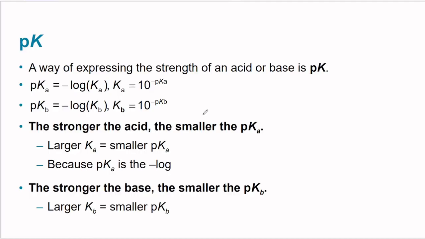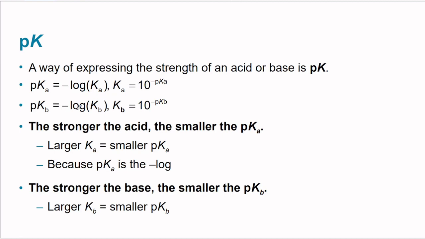If we're not talking about the pH of a solution, so if we're talking about an acid outside a solution, and we just want to compare relative strengths of acids and bases, we use an entity called the pK. So the relative strength of an acid or base can be expressed as the pKa for acids and the pKb for bases. The pKa is the negative log of the Ka, and we can get the Ka back out as 10 to the negative pKa.